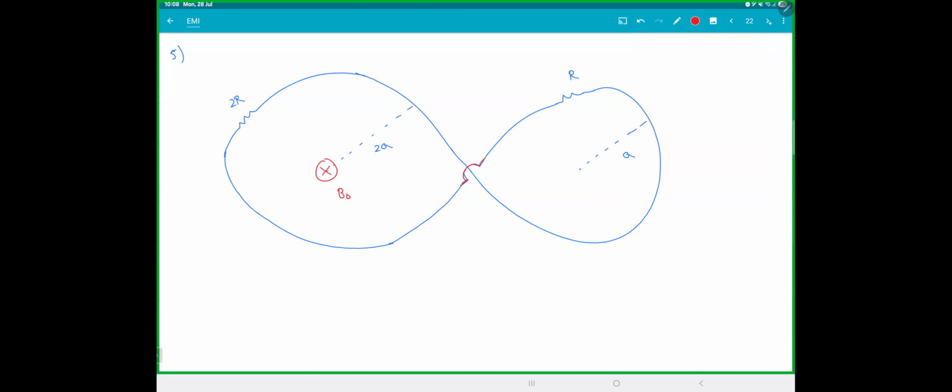The magnetic field is B naught T. Here also the magnetic field is B naught T. Find the current in the circuit. So you have twisted the coil in the middle.